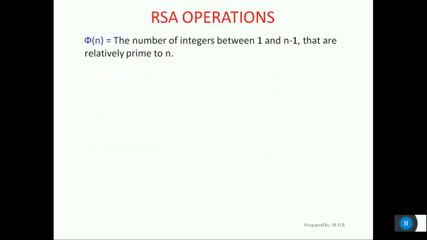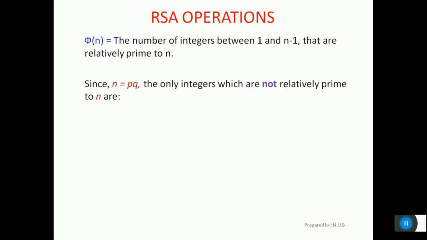Now let us have a look at what this phi n is and why phi n is equal to (p minus 1) into (q minus 1). It is the number of integers between 1 and n minus 1, where n is equal to p into q, that are relatively prime to n.